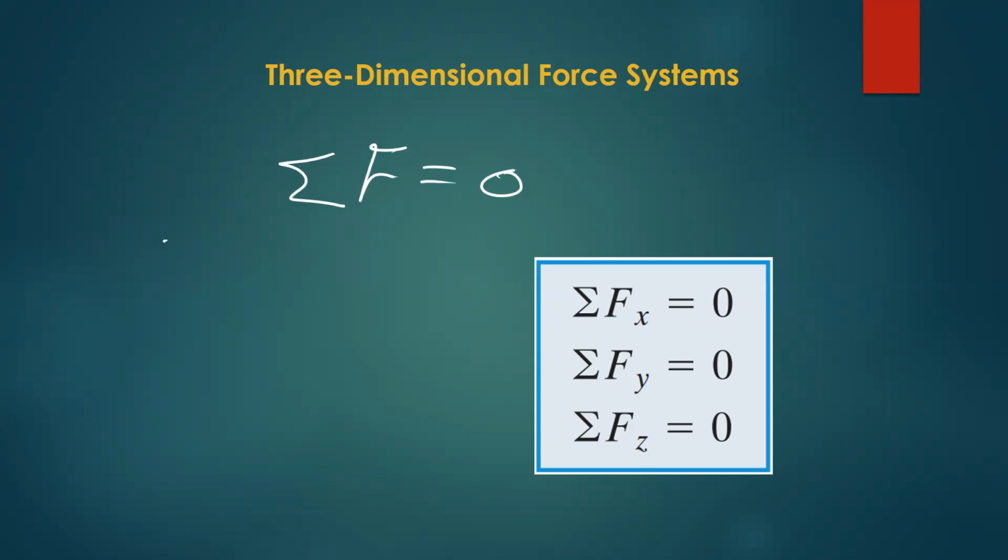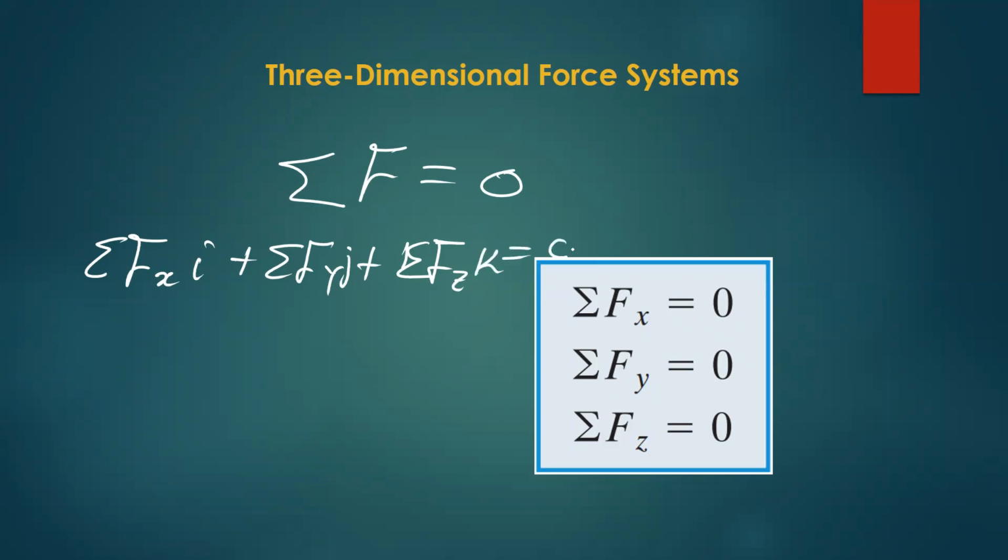What this means is that all the forces in the X plus all the forces in the Y plus all the forces in the Z axis are all supposed to add up to 0.